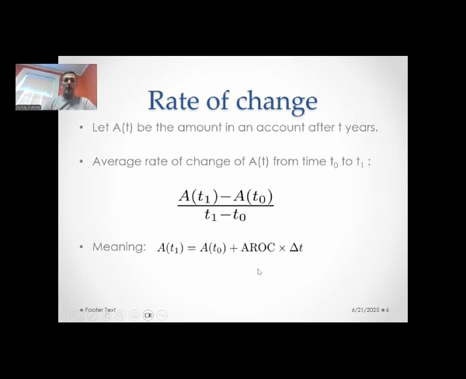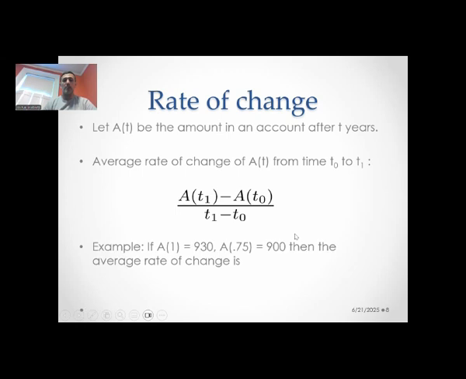In other words, the amount that you've grown by is precisely the average rate of change times the change in time. You can kind of think of this as an average speed over this time interval. Again, the amount that you've grown by is precisely the average rate of change times change in time.